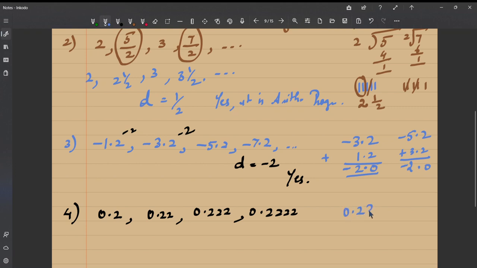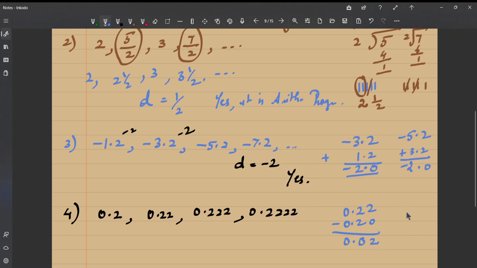Decimal subtractions are always tricky, so it is always safer to write it down and subtract like this. So 0.2, since we need two decimal places, let me put a 0 there. 2 minus 0 is 2. 2 minus 2, 0, so 0.02, right? So this is our difference.